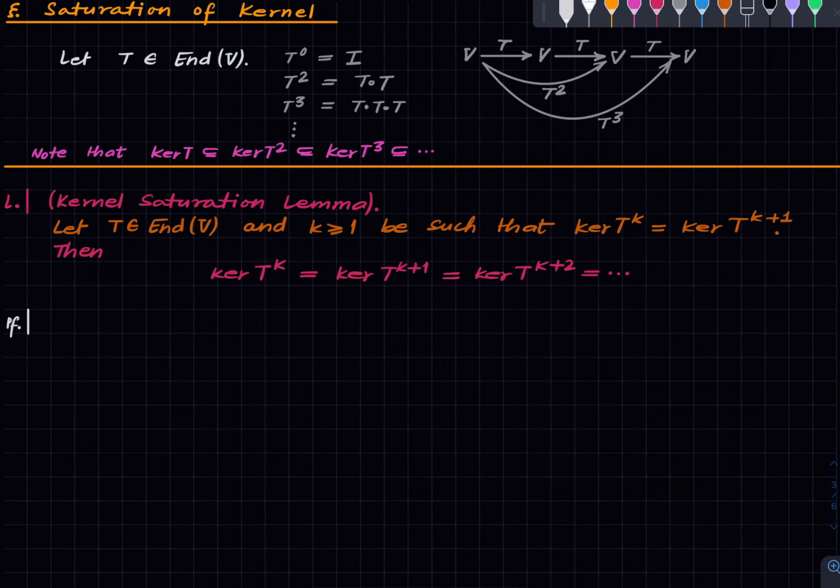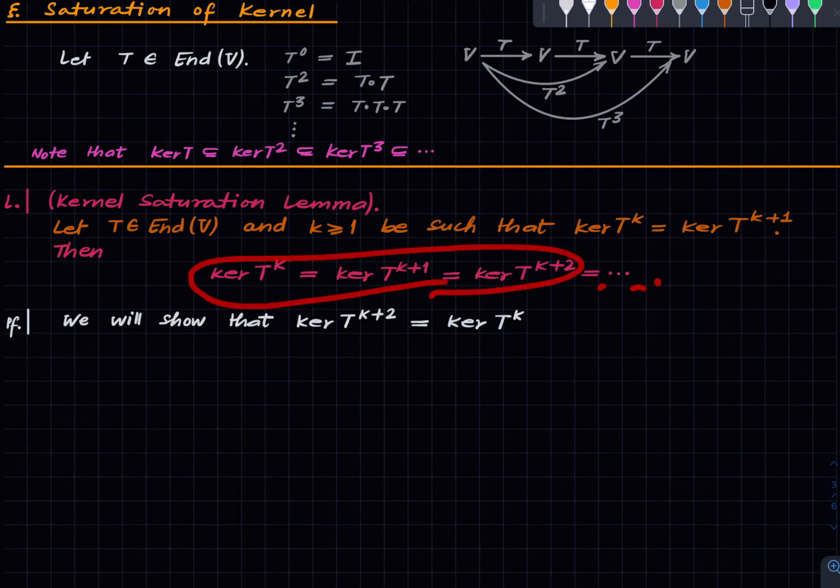So what we will show is this is the case. Once we do this, then we have shown this part, and then you can continue the reasoning to include all the other higher powers. So let's just be content with this much.